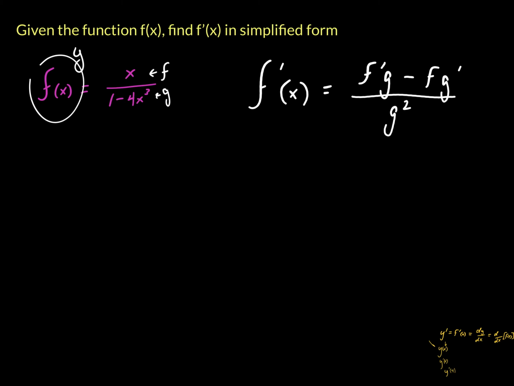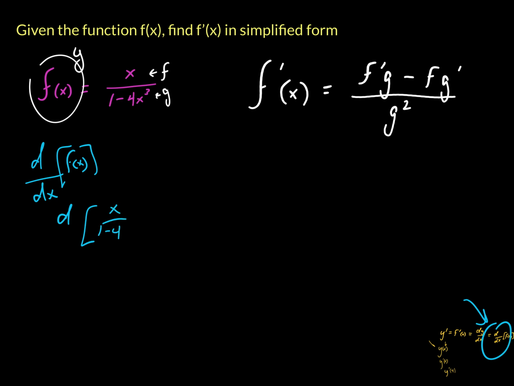And so to use that last notation that I had right over here in this corner, if I want to find the derivative of my function with respect to x, okay, the brackets or the parentheses, same thing. Well, you would write it like this. This is the derivative of x over 1 minus 4x cubed, and we're going to take the derivative of that function with respect to x.